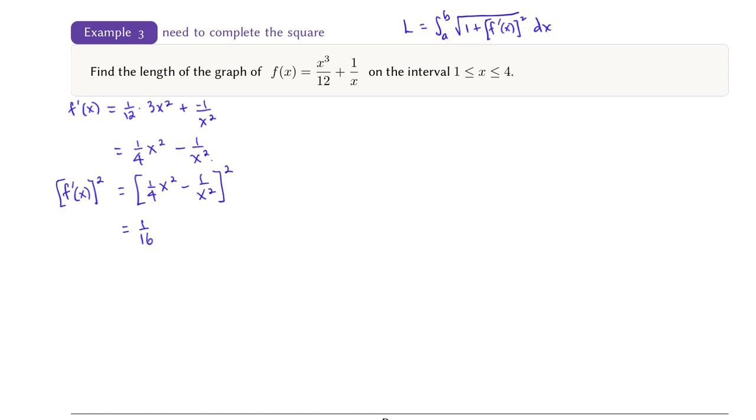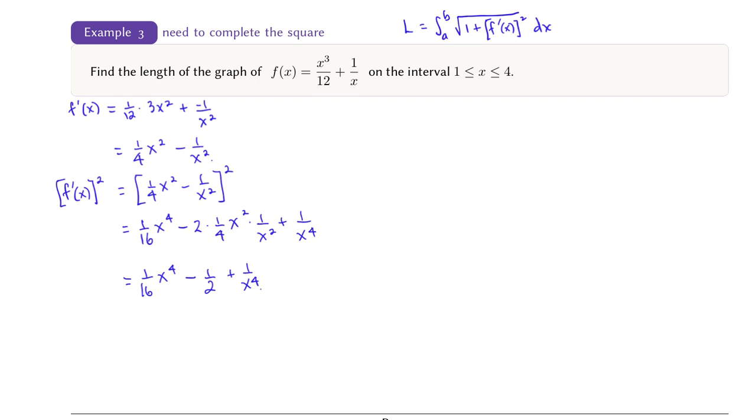This is 1 over 16 x to the fourth minus 2 times 1 over 4 x squared times 1 over x squared plus 1 over x squared squared, which is 1 over x to the fourth. Simplifying this further, we have 1 over 16 x to the fourth minus 1/2 plus 1 over x to the fourth.